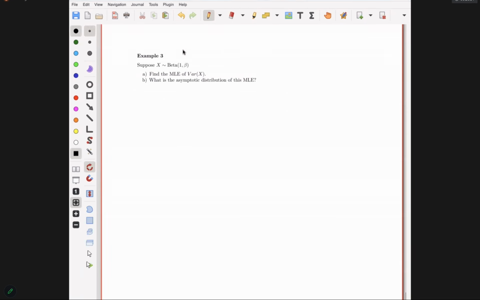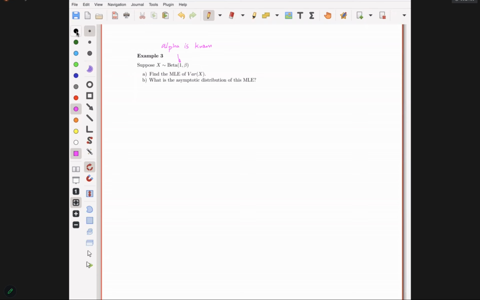Example 3 here. We suppose that X follows a beta distribution, parameters 1 and beta. And so here we're saying that alpha is known. And in fact, having it specifically be 1 simplifies the problem.